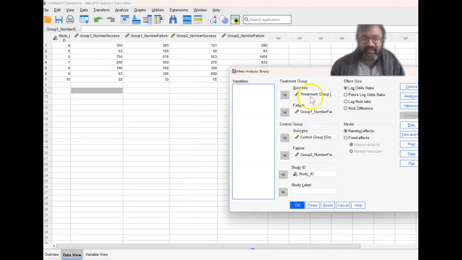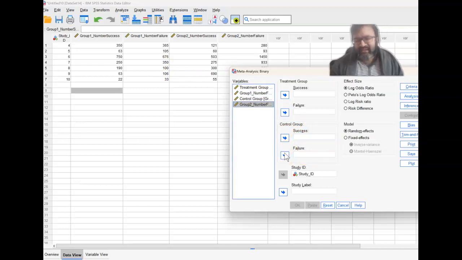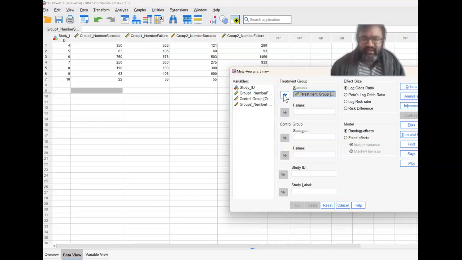Then what I'm going to do is drag these over to the variable so that you can see the process of how this is happening. We can change the success and failure to diabetes. The success for the treatment group can be found right here, and you can carry that over.